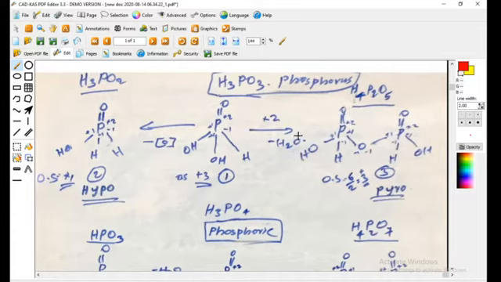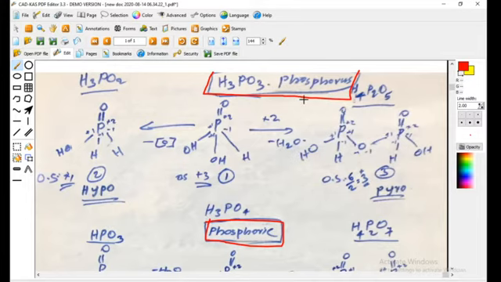First of all, we have to remember two names of phosphorus acids: phosphorus acid and phosphoric acid. From these two we can derive all other structures of phosphorus oxyacids, and the names, molecular formulas, everything.